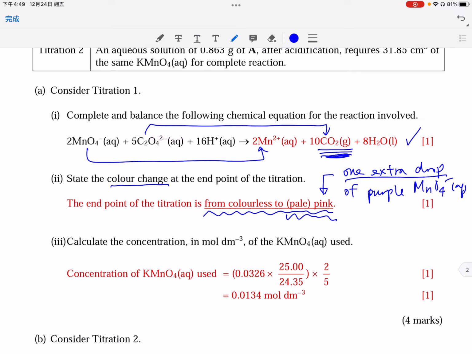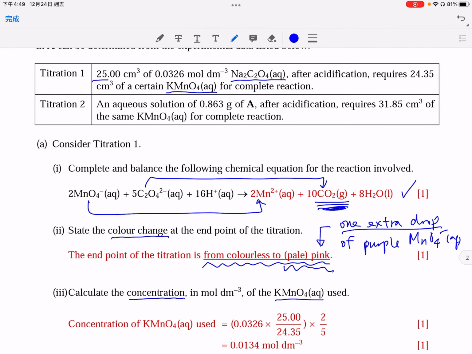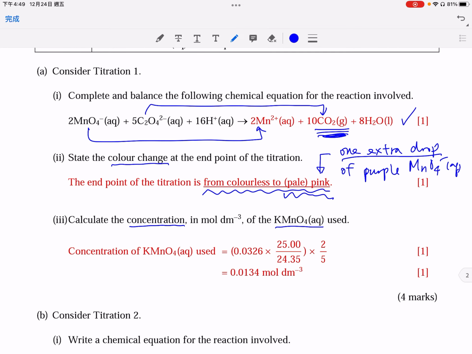Finally, the concentration of the potassium permanganate solution. How to find it? Going back, you are provided with the volume and the molarity of the sodium oxalate solution, so you just multiply them together.